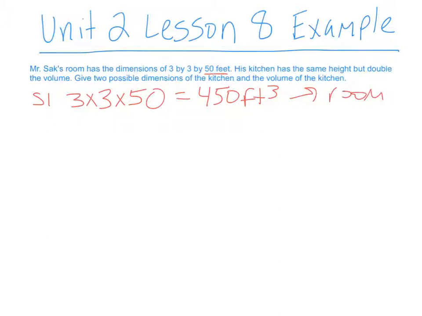Now, if his kitchen has the same height but double the volume, let's talk about step 2. Because now we have to think of what this number is going to be, the length and the width, but we know the height is 50, and then we have to figure out what the total volume is of the kitchen.